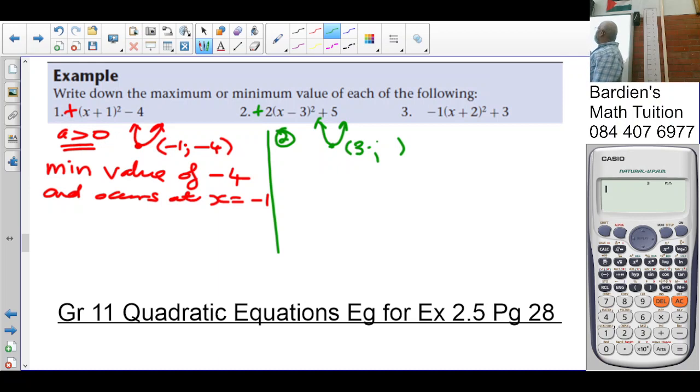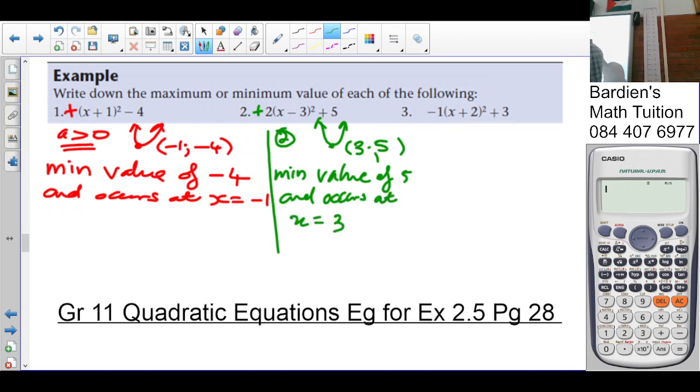And 5. So we say, what do you say here? The graph has a minimum value of 5 and occurs at x equal to 2. Okay. So any confusion there? You all understand? Okay.